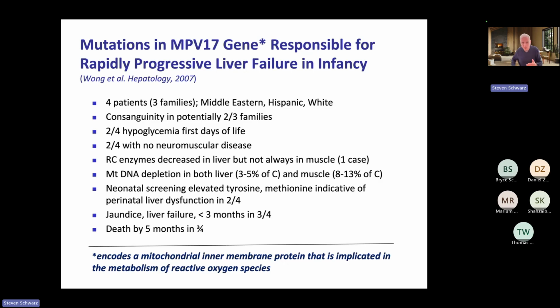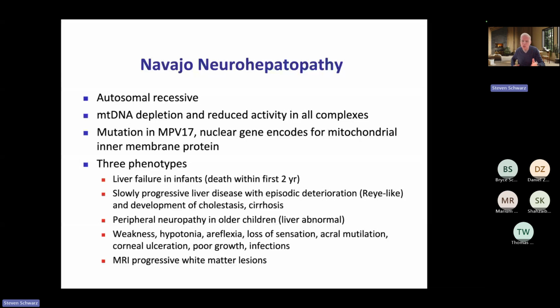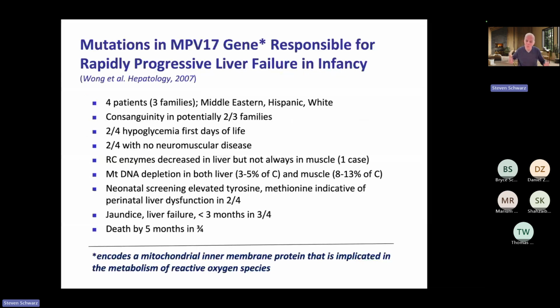You will note that both this and Navajo neurohepatopathy involve genes that encode the mitochondrial intermembrane protein. And therein lies the conundrum that we face, because you can have similar mutations that cause vastly different phenotypic expression.